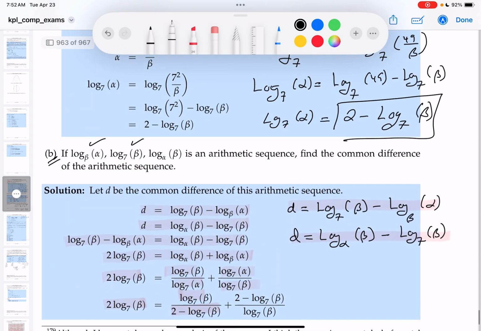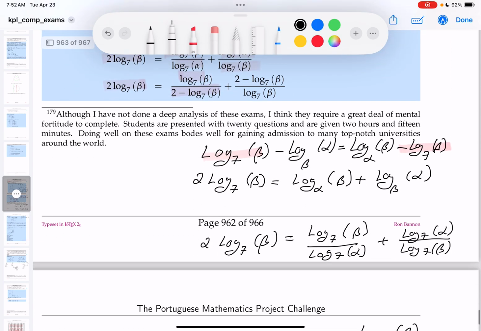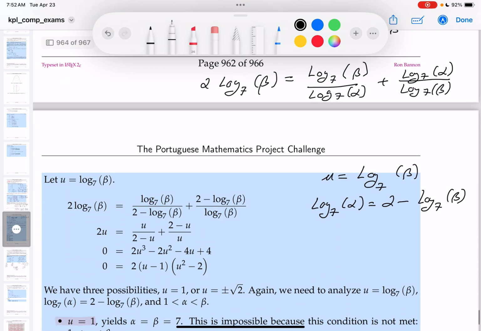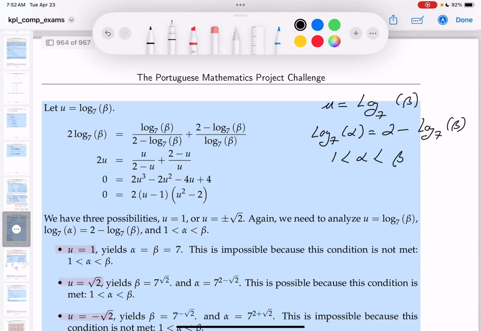So where's that coming from? Right up there, 2 minus log base 7 beta, right? A couple of things I have to consider. I have to consider that this has to hold, all right? So let's do one thing at a time.